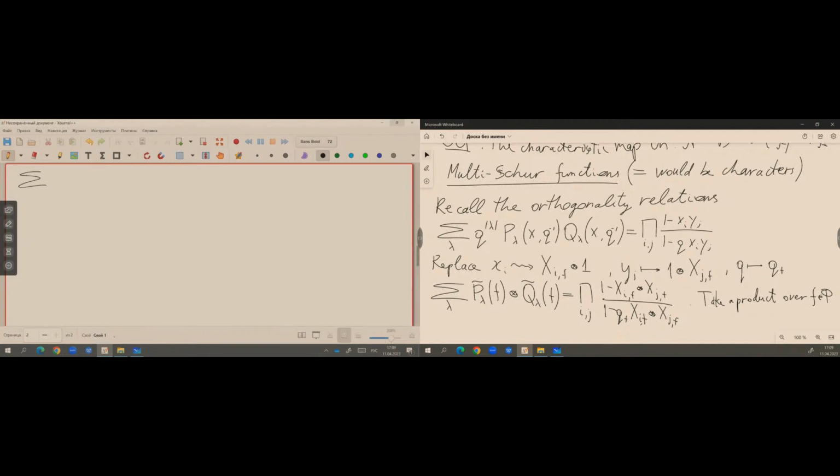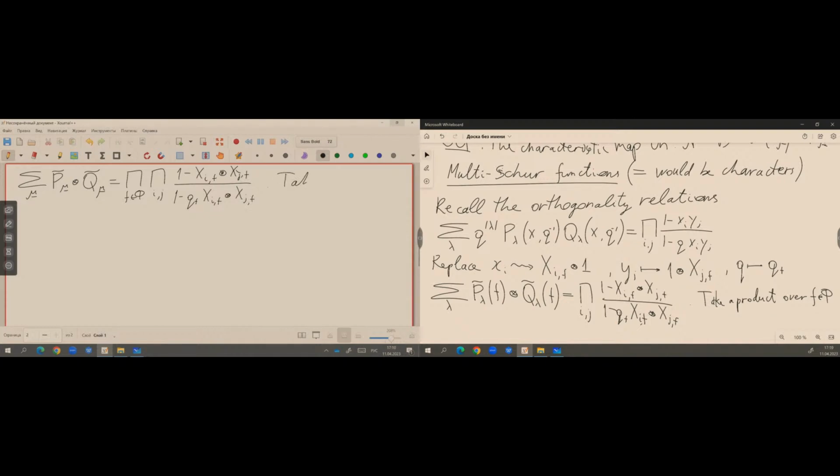We get the sum over all multi-partitions nu of P tilde nu tensor Q tilde nu, which is the product over all irreducible polynomials f, the product over i,j, of (1 minus x_i^f tensor x_j^f) over (1 minus q_f x_i^f tensor x_j^f).